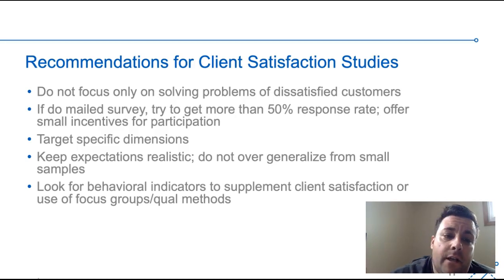Something else might be an outcome evaluation. So how are clients changing? Nevertheless, despite the limitations of client satisfaction studies, they do have some utility for the agency, particularly for its administrators. They just have to be administered thoughtfully.